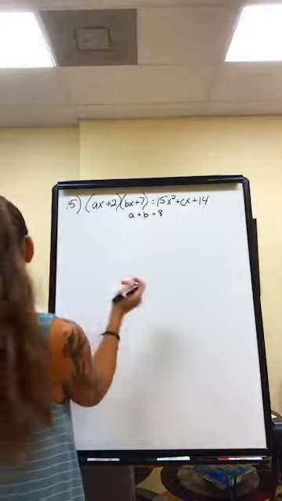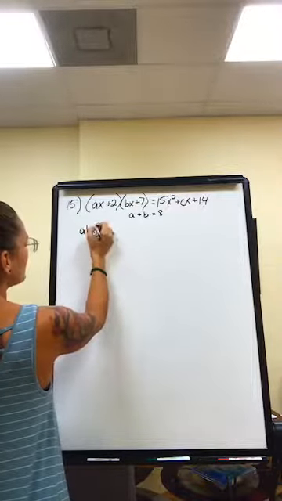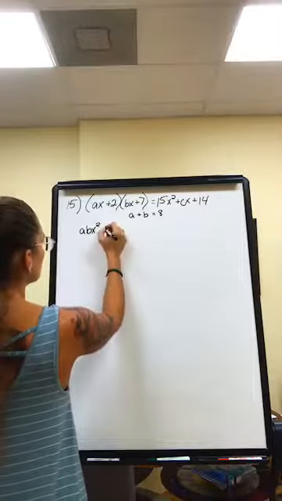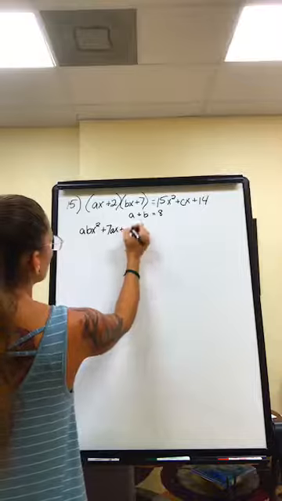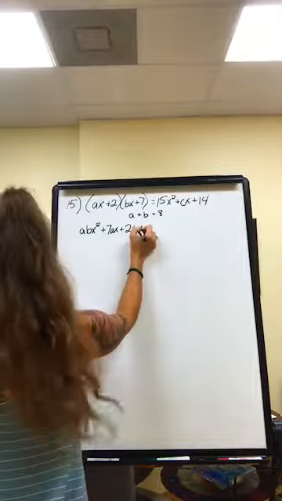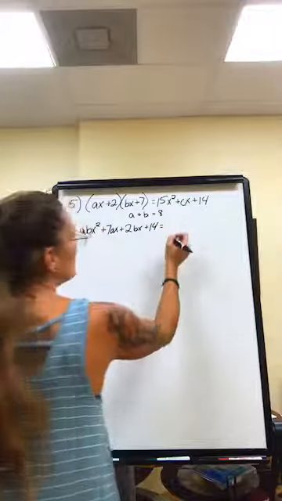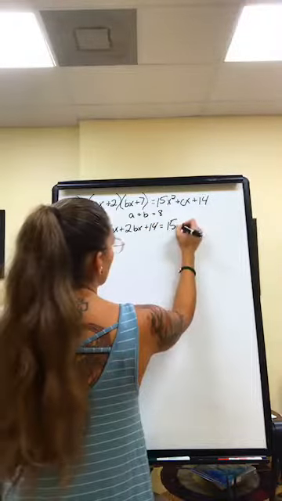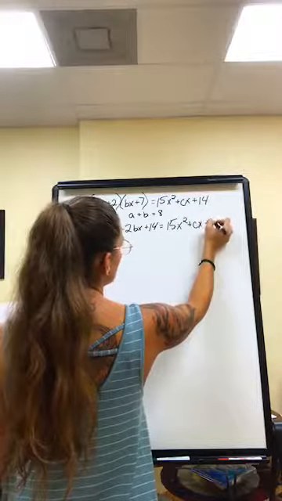So we're going to have abx squared plus 7ax plus 2bx plus 14 equals 15x squared plus cx plus 14.